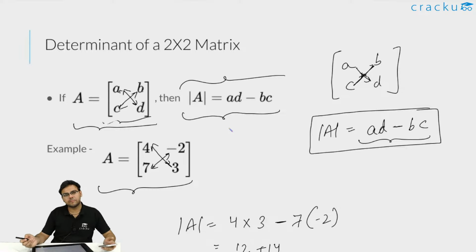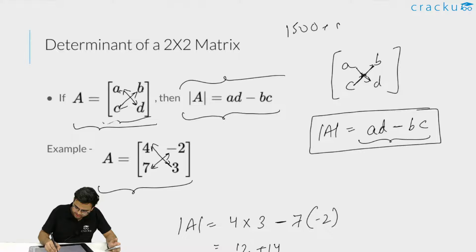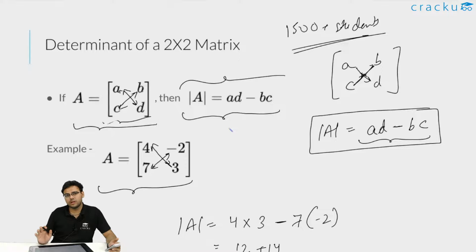So yeah, a good number of people have already given the mocks. Roughly 1500 plus students have given the IIMB UG mock. It is not exactly accurate, but it is about 80%. We are very sure that these are the topics which will definitely be there in the IIMB UG examination.